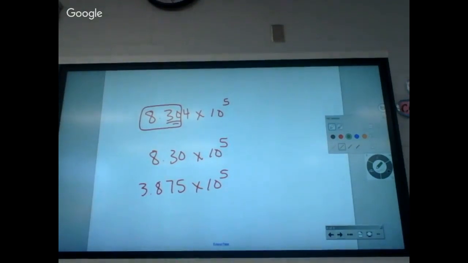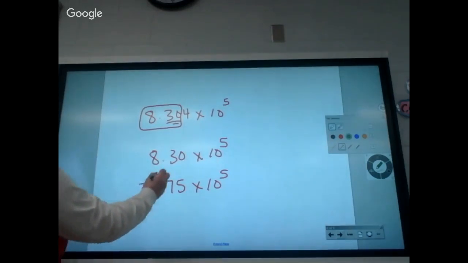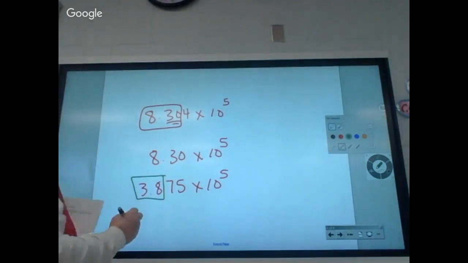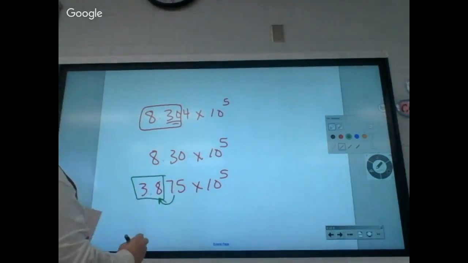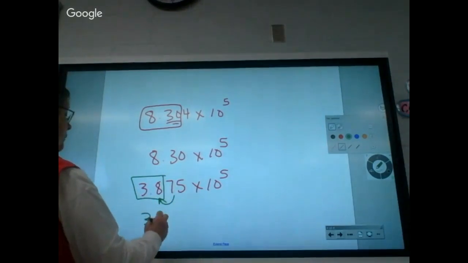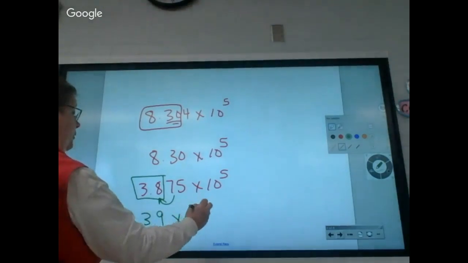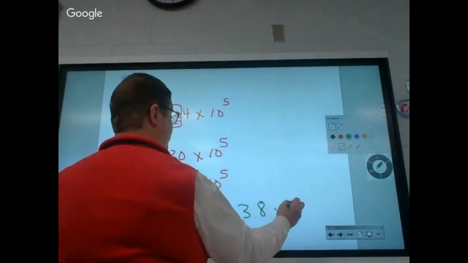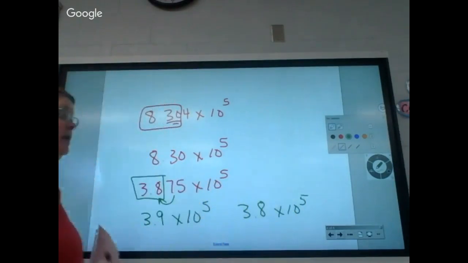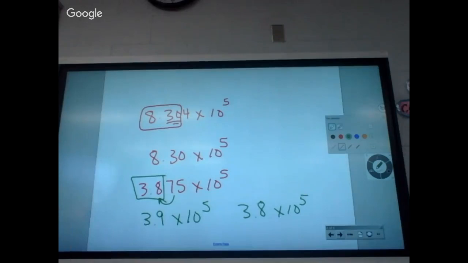And how many in 5.2? 2. So we're going to keep the first 2. Now, if we follow Nakaya's rule, that should round up to 3.9 times 10 to the 5th. But if you left it at 3.8 times 10 to the 5th, I will still take it because it has the right significant digits. Okay?